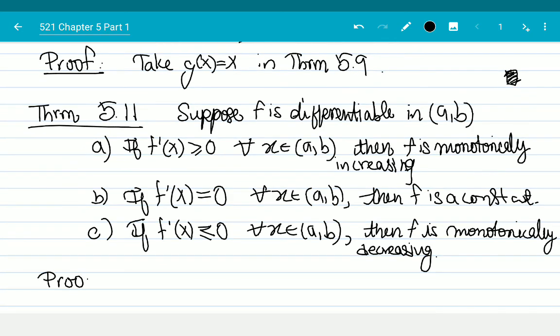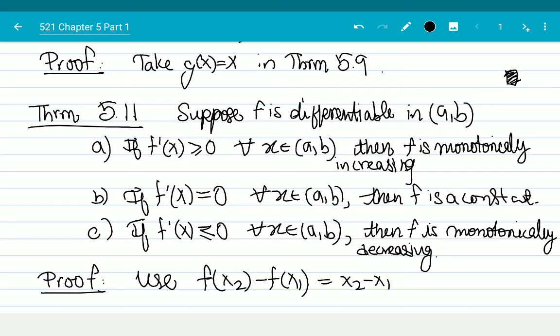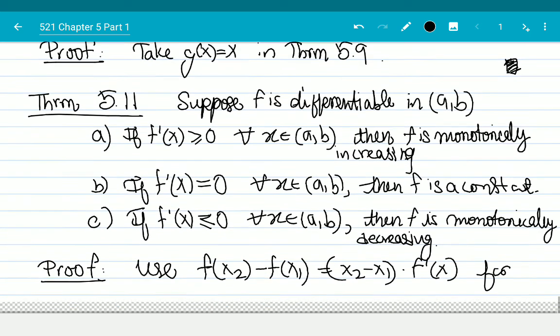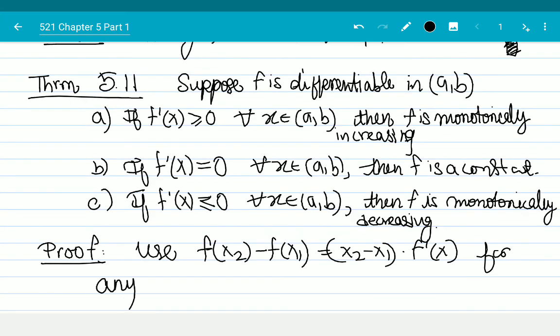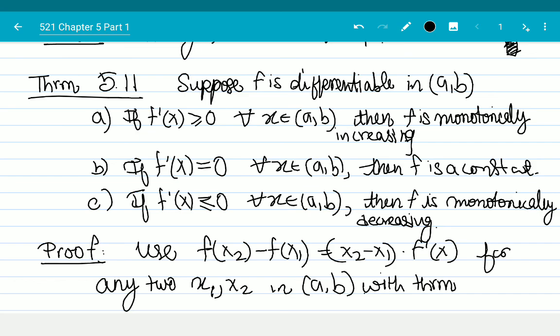How do you show this? Proof. Use f of x2 minus f of x1 is equal to x2 minus x1 times f prime of x for any two x1, x2 in (a,b) with theorem 5.10.